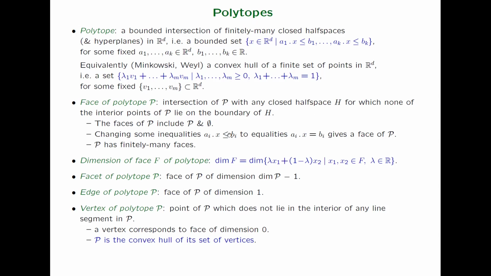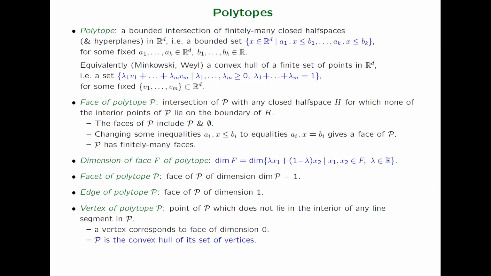And it's easy to see that you can obtain these by changing some of the inequalities in the top blue equation to equalities. And it's also not difficult to convince yourself that there are only finitely many of these faces.